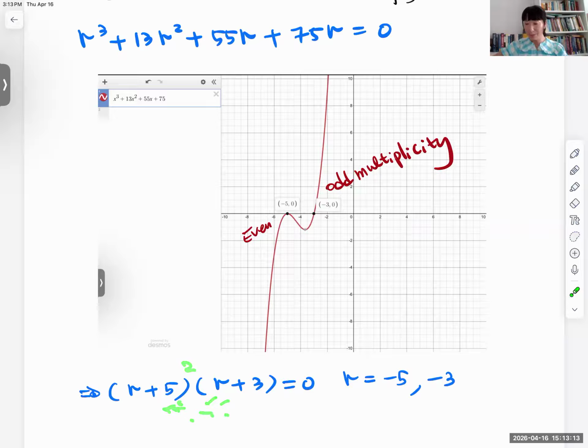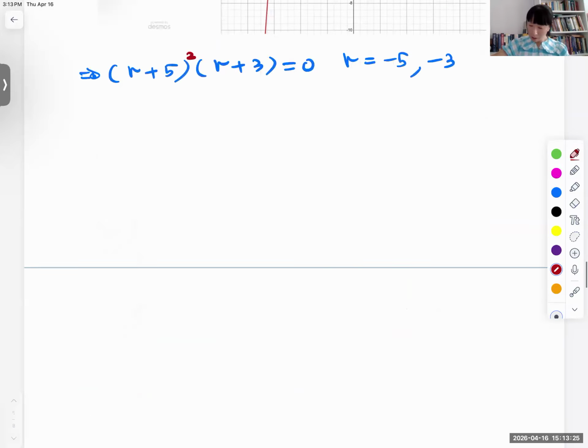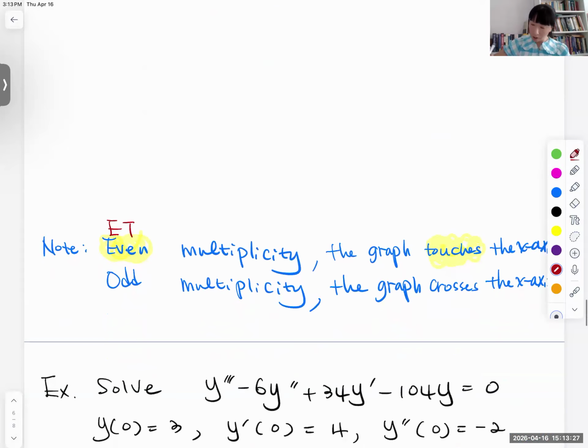Is it clear to you? So even means 2 in that case. Okay, so I have a note here, so let me bring it up here. There we go.